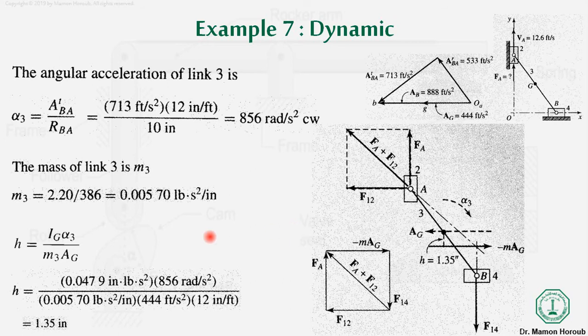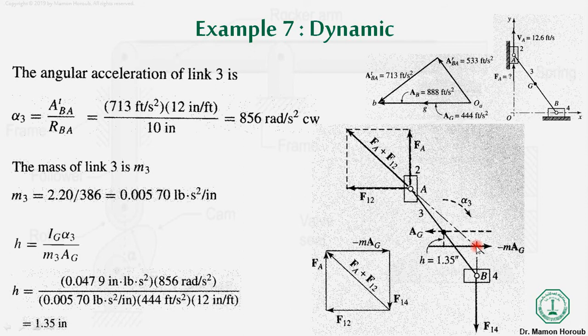By using the parallelogram theorem, if you add Fa with F12, the line of action of their addition Fa plus F12 is similar, it is also passing through the concurrency point.